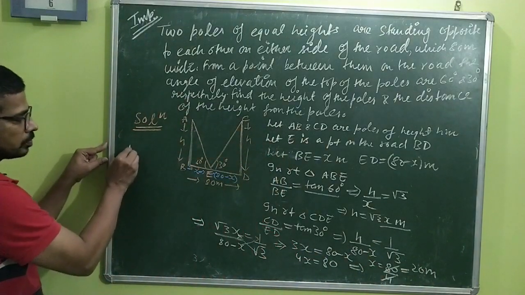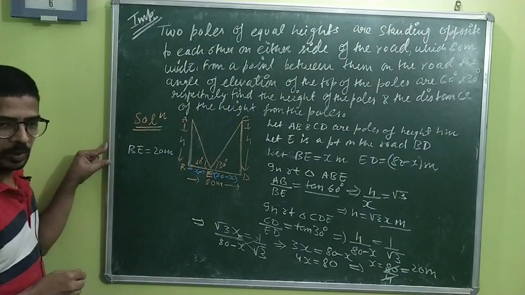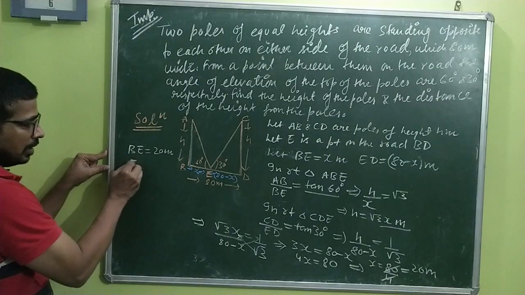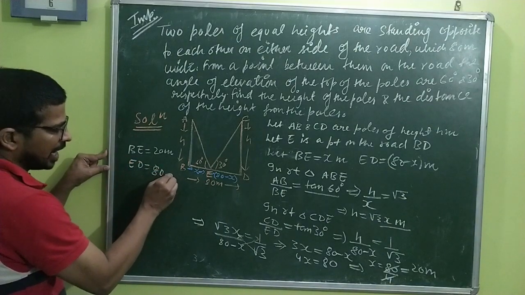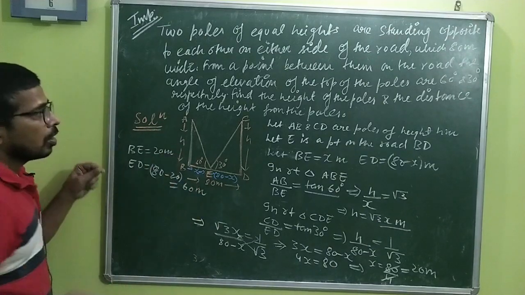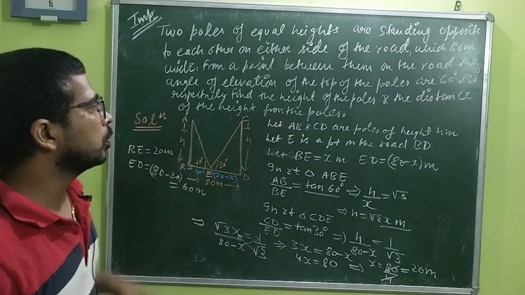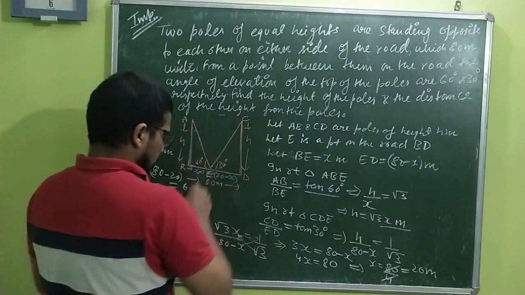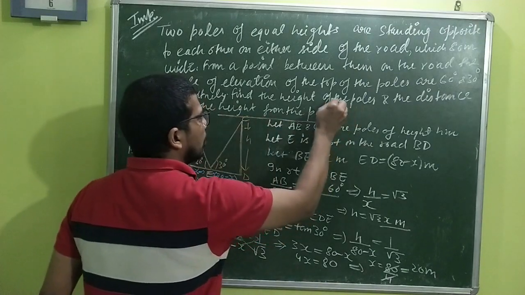So now BE is equal to 20 meter, and then ED will become 80 minus 20, which is equal to 60 meter. Now find the distance and the height of the pole. Most of the time students make the mistake, they find the value of X and forget this part.